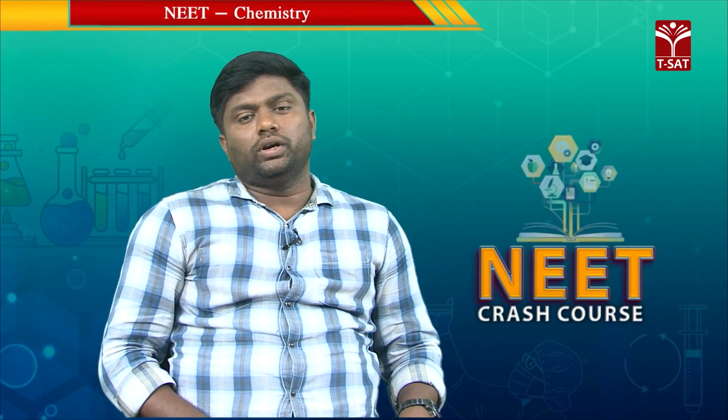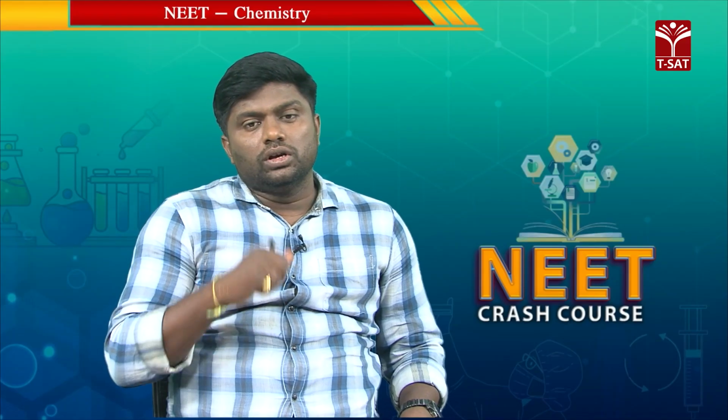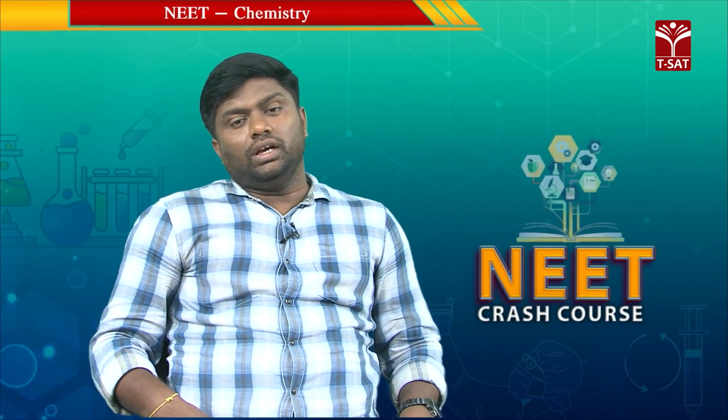The anti-Markovnikov or peroxide rule works only with HBr. It will not work with HCl. If it is HCl, Cl will be added to the carbon having fewer hydrogens. It will not work with HCl or HI.